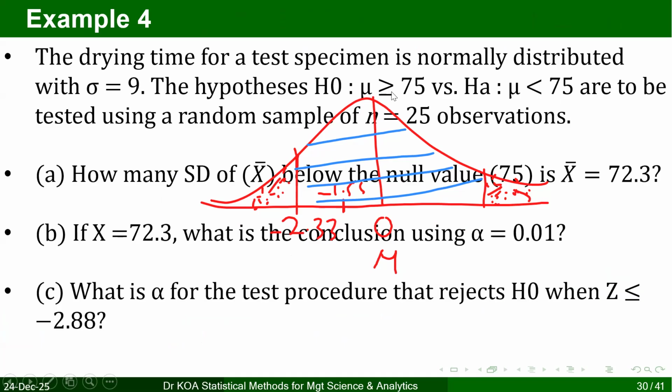It says the drying time for a test specimen is 75 or more. And the alternative would be that the drying time is less than 75.